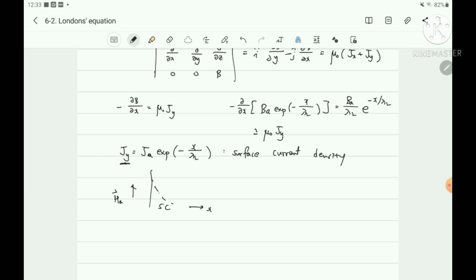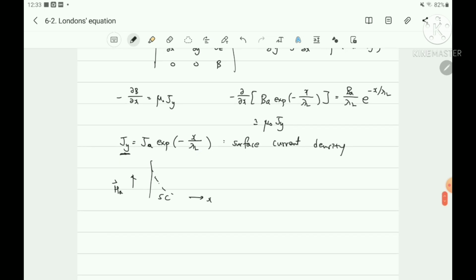We call it a surface current density. In the general case, the total current density is the sum of the normal current and the supercurrent. We call it the two-fluid model.